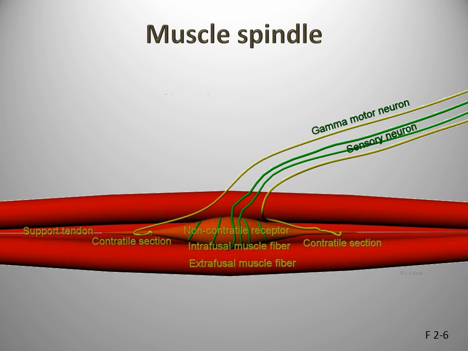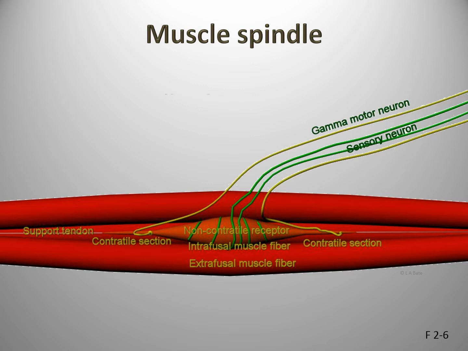Here we can see that the spindle is supported by tendons at both ends, tendons which attach at the point of attachment of the muscle. We can also see that the central part of the spindle is a non-contractile component of the receptor, which is innervated by two sensory neurons, type 1A and type 2.